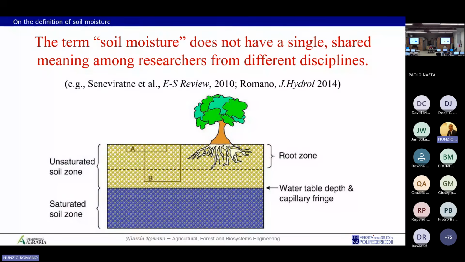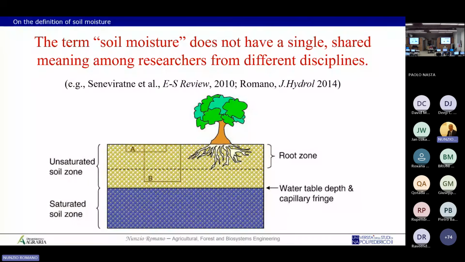Soil moisture depends on how large is the volume where you are considering the soil water content. For example, if you look at this slide, the volume A is very relevant for people dealing with remote sensing, because they are interested in the amount of water in the uppermost part of the soil profile.